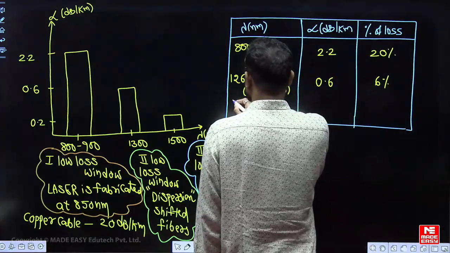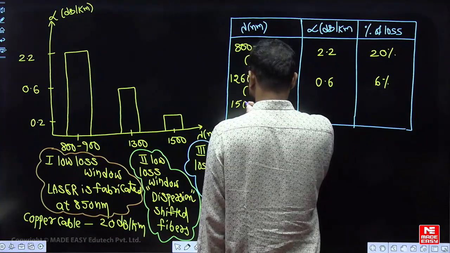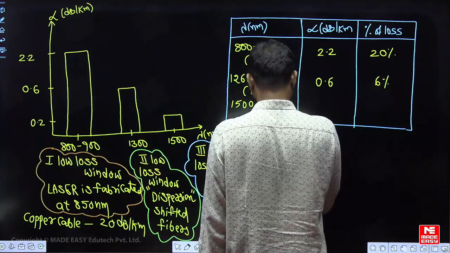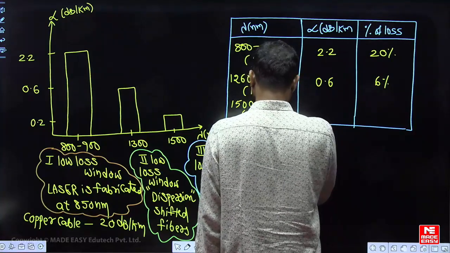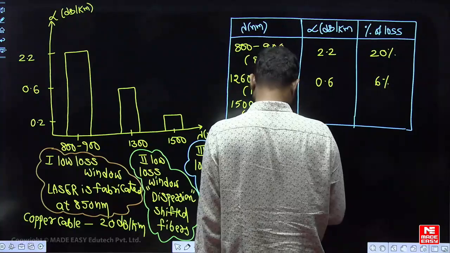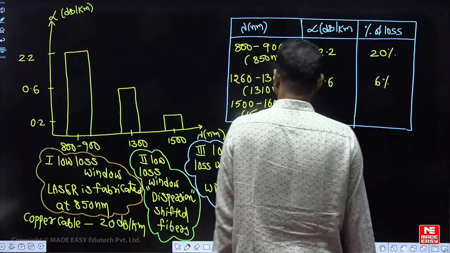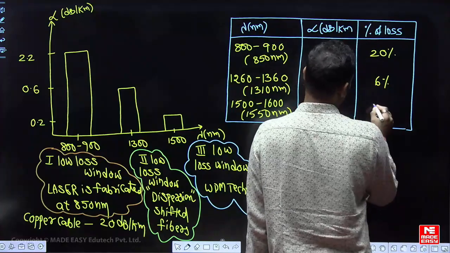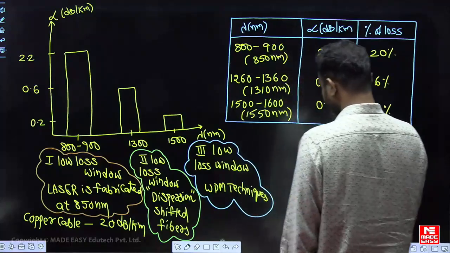The next one is the most important one, that is 1500 to 1600 nanometers, operating at 1550 nanometers, bhaiya. Students obviously know about this one. At 1550 nanometers we have a loss of 0.2 dB per kilometer, and the percentage of loss is 2%.